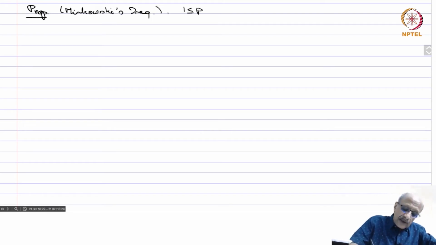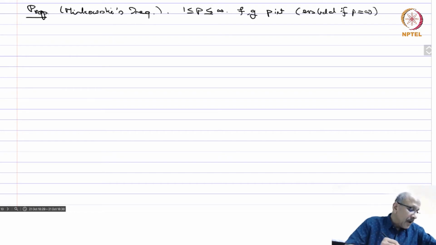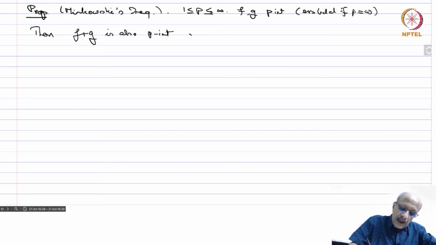So for 1 less than or equal to p less than or equal to infinity, f and g p integrable, essentially bounded if p equals infinity, then f plus g is also p integrable, and norm f plus g p is less than or equal to norm f p plus norm g p.